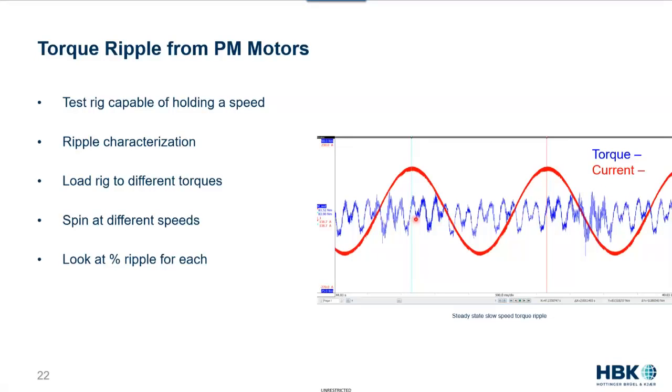The user was interested in really understanding what that value was, and then being able to work on ways to mitigate that, to minimize it so that it didn't affect their application. And that is something that you can do with the HBK eDrive power analyzer.